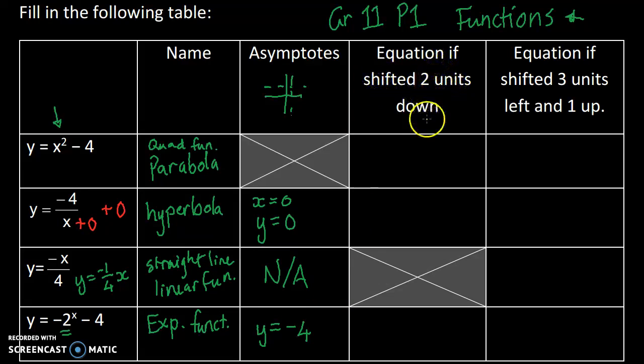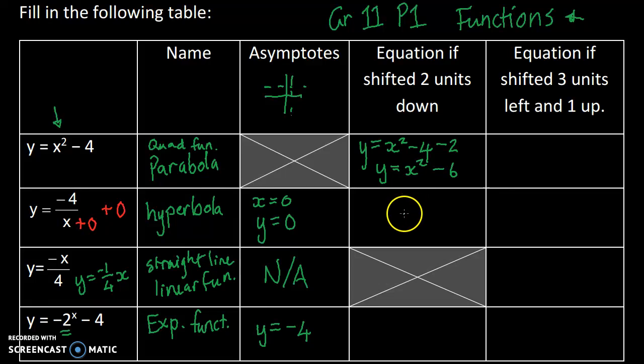Now this is where people sometimes get confused. If we are shifting a function, any function, up or down, we just straightforward add it. So we have y is equals to x squared minus 4. We're shifting it 2 units down, so we're going to subtract another 2 from that to give us y is equals to x squared minus 6.